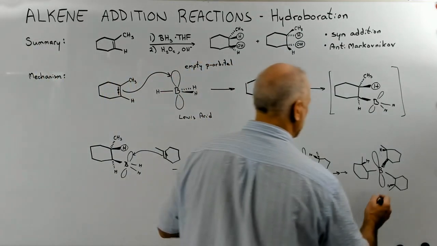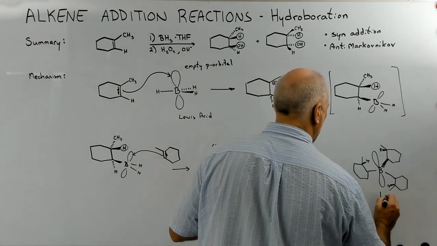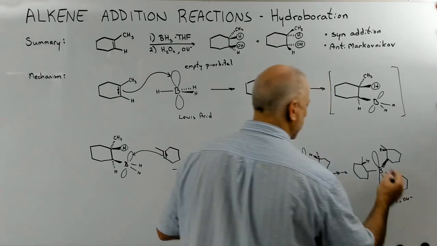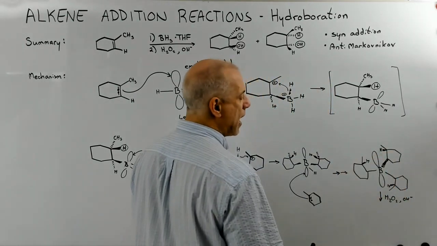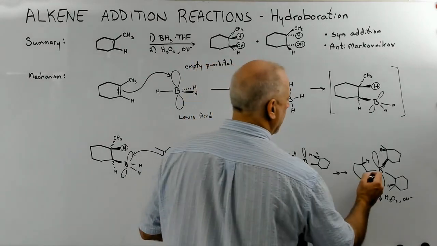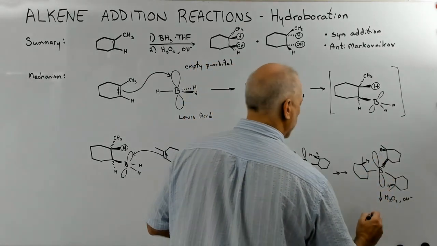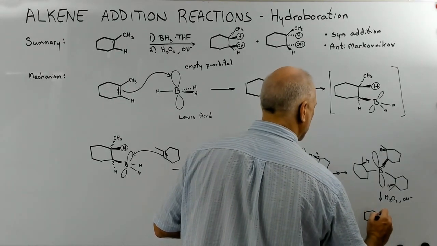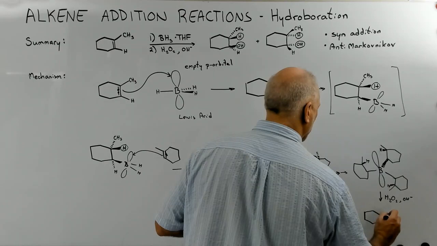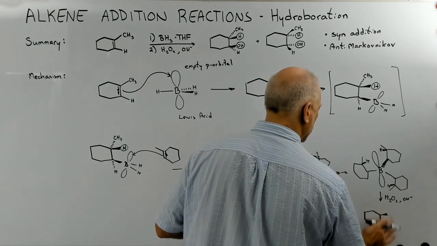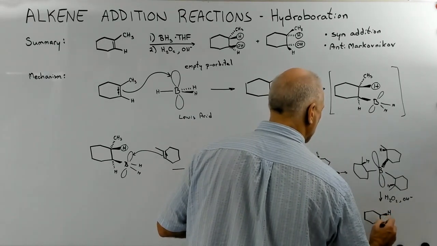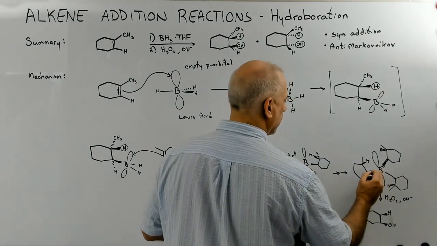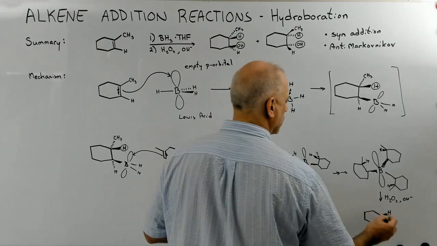And then the mechanism is such that we would add H2O2 and hydroxide, and that will basically oxidize and remove the boron from all of these. And when all is said and done, you're going to get this compound here where we've added H, and we're going to replace the boron in each one of these with OH.